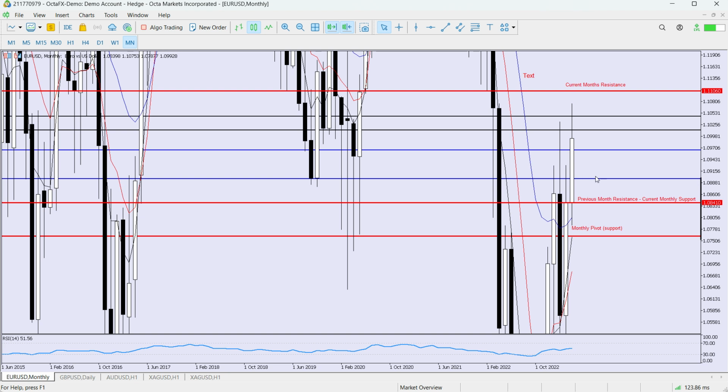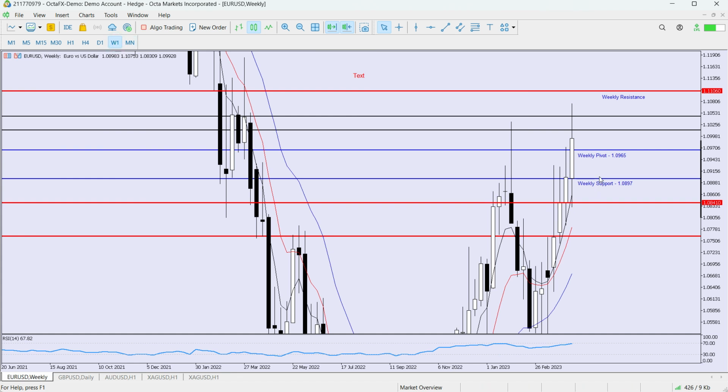This is where the buyers are waiting, and this is a strong demand zone. We can know this very well when we go to the weekly chart where we have the Fibonacci retracement. From there we can know what level we can get. So let us go to the weekly chart now.